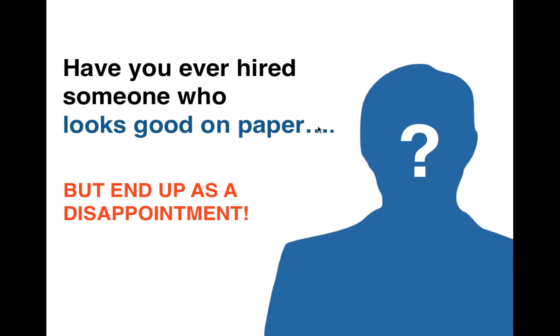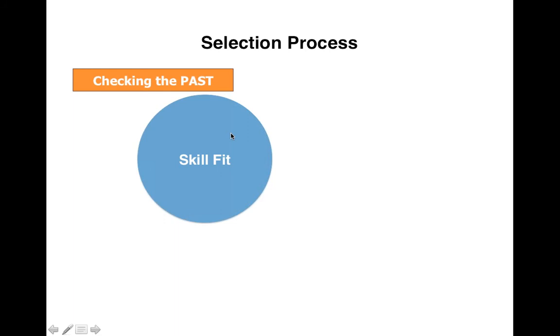Well, to answer that question, let's begin with an examination of the traditional hiring process as practiced by most employers today. This is a process that has one to three components, which I would like to share with you first. The first component is the skill fit, or checking the past information.